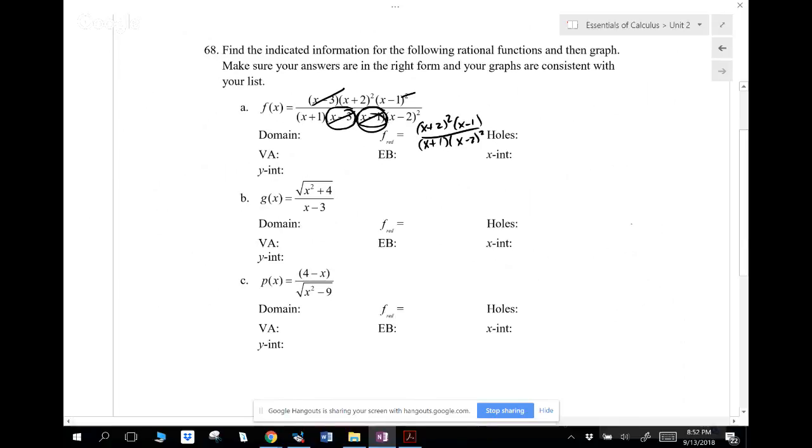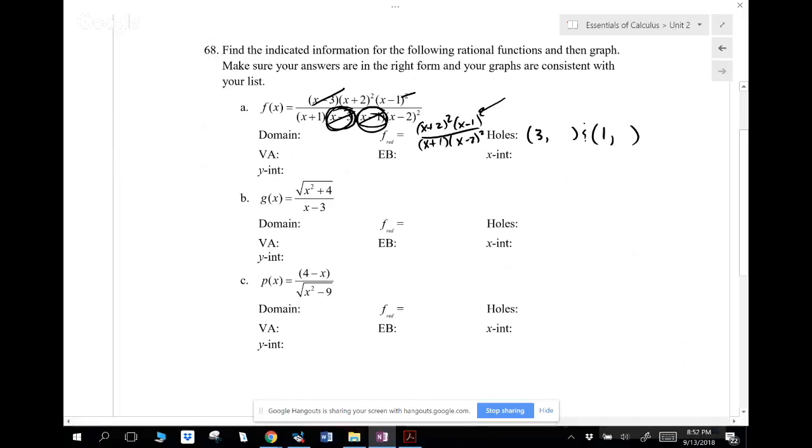Since we eliminated the x minus 1 and the x minus 3 from the denominator, we have holes at 3 and x equals 1. Now I have to plug those into my reduced function there.